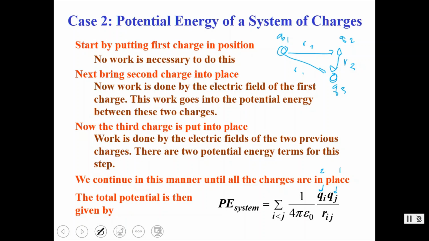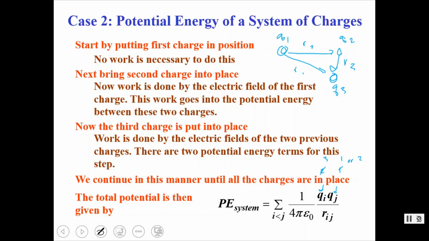So then you would do that one, but then J can't be 2 in that case, so then you're done there. But then when I becomes 3, then J can be either 1 or 2. So then you'd have to add up for 1 and you'd have to add up for 2. So that's what that notation means.